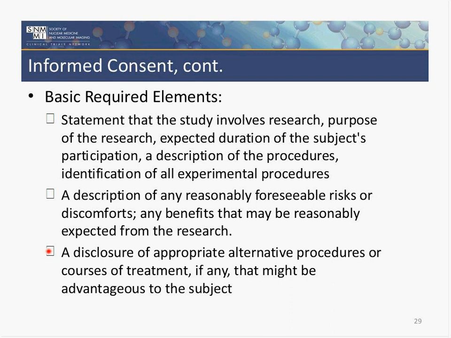For a phase 4 oncology study, that alternative may be nothing. The alternative to be in the trial may be no further treatment. But for an orthopedic study in a hip replacement for a new device, the alternative may be to get the old version of the device, for example, not the one that's still in the experimental stages.